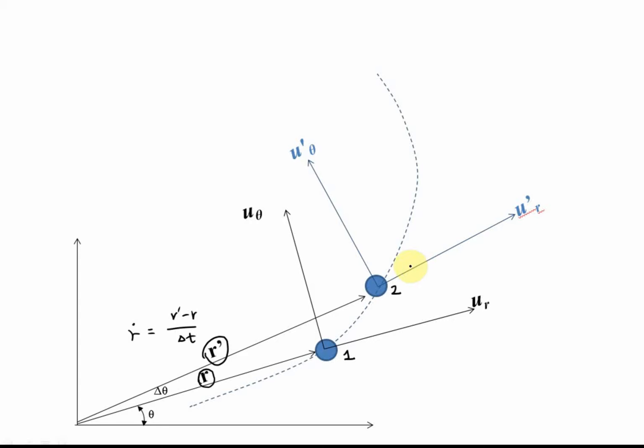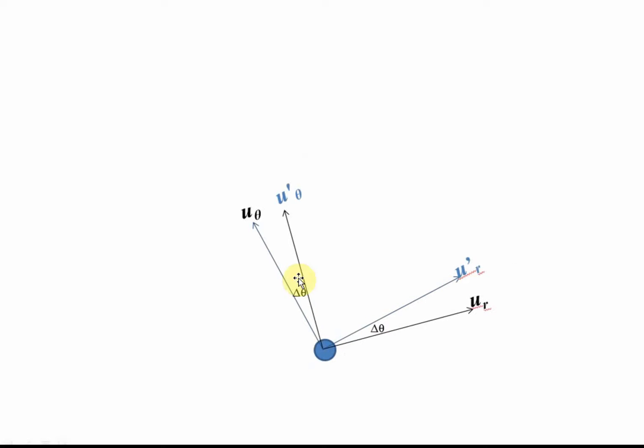If you align these two u theta, the angle, into one like that, so I just align the center together here, this is delta theta. This is the change of angle over time t, okay.